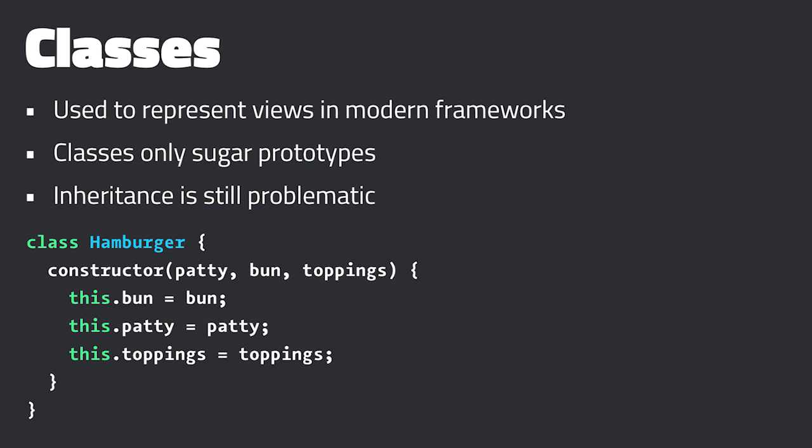One of the nice features about classes, though, is that you can actually write methods without having to use the word function in order to declare your method. You can actually just describe these things by saying the name of whatever you want your method to be. And we've included constructor in this little example here because that's what your old constructor function in ES5 would be like. And constructor is a special method on every class in ES6 and TypeScript that is run when you make a new class.